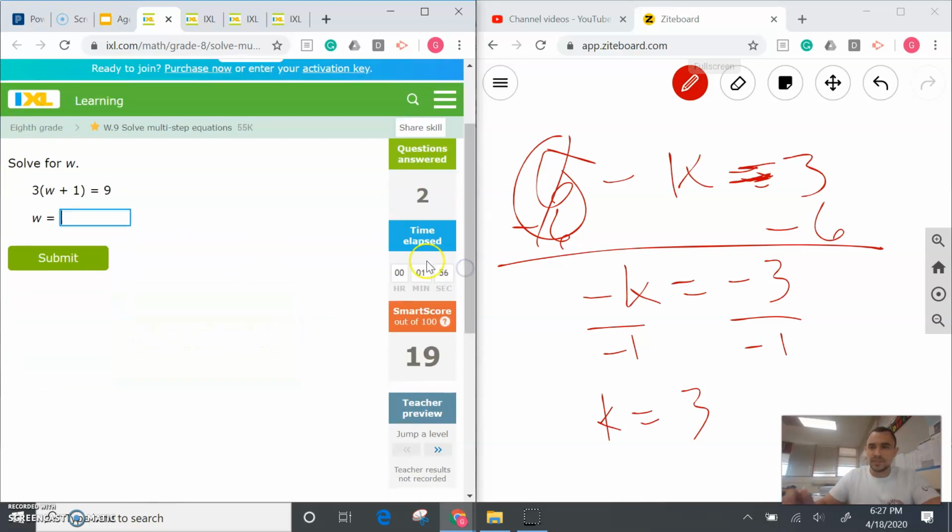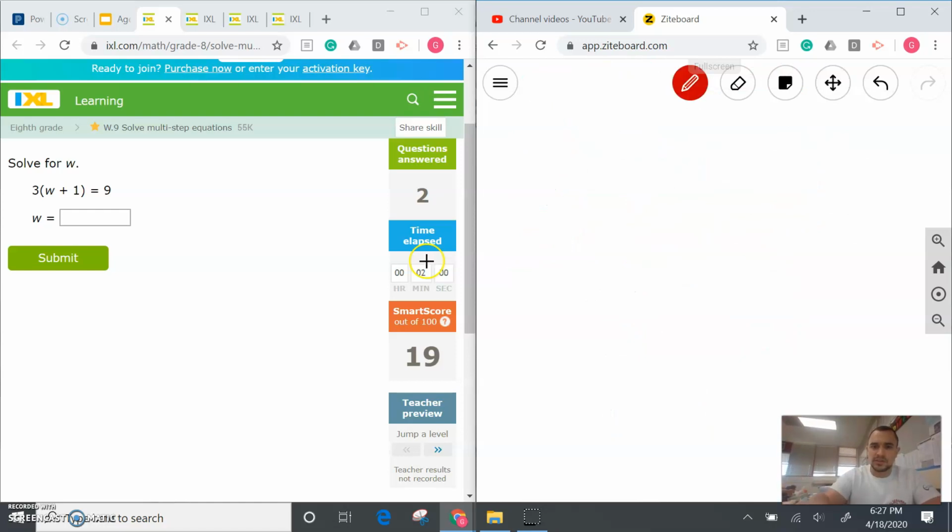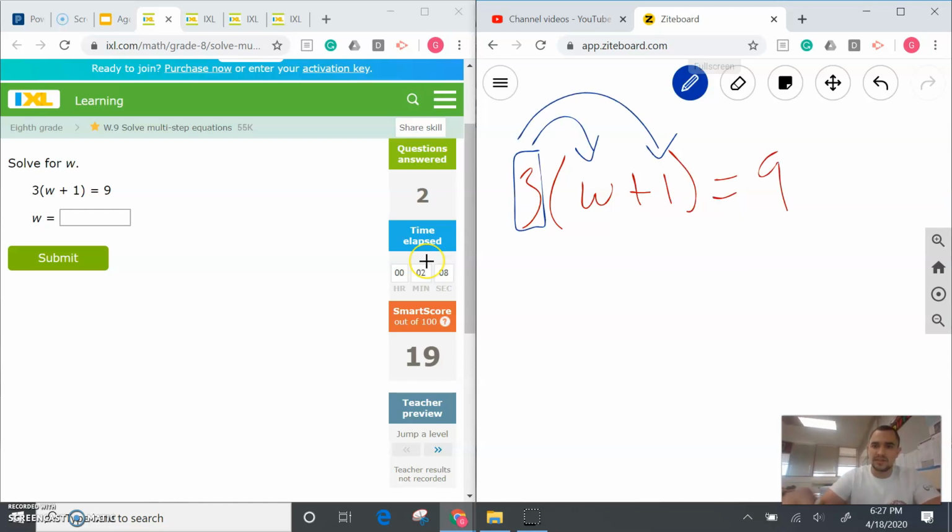All right, distribution. Let's go here. So 3w plus 1 equals 9. I'm going to take my 3, multiply it here. Or, now that I see that it's 3 here, I can divide this by 3. So you can do it both ways. You can distribute and then work it out, or you can divide.